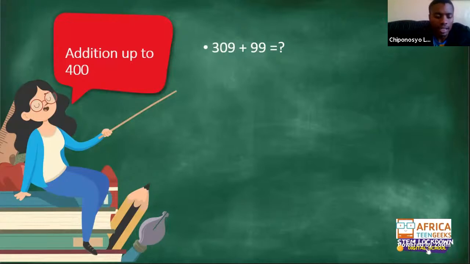309 plus 99. How much time do you have to do? 30 seconds. 309 plus 99.